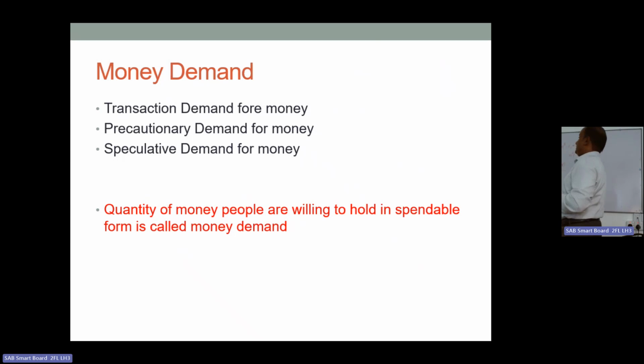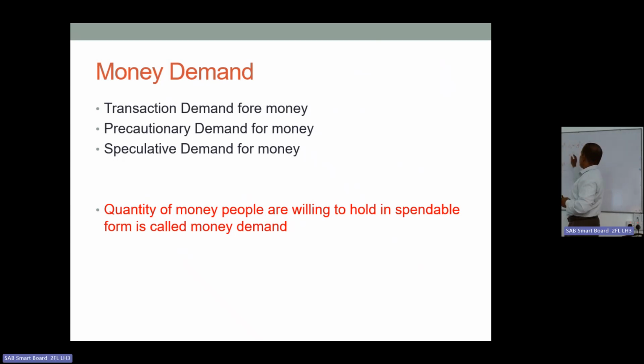Money demand is positively related to income. When income increases, money demand under the transaction and precautionary motives increases. When the interest rate increases, money demand decreases under the speculative motive.